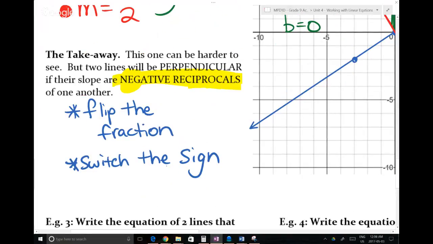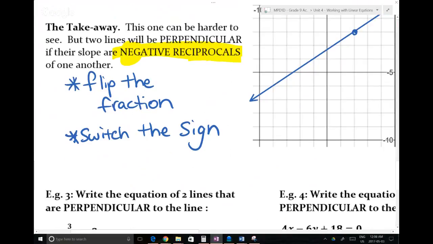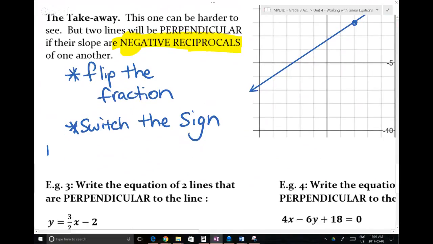We switch the signs, and we flip the fractions. For example, just going to give a couple examples here. If the first one was negative 4 over 7, the perpendicular would be 7 over 4. Positive 7 over 4. We flip the fraction, and we change the sign.